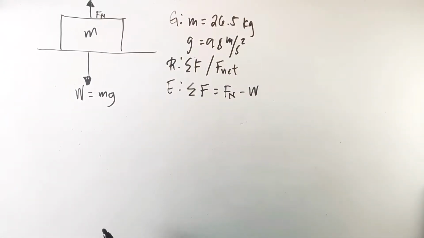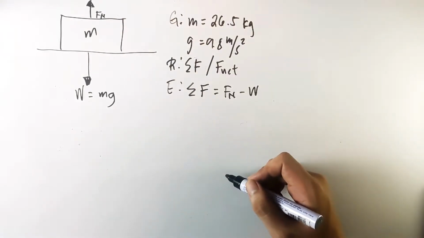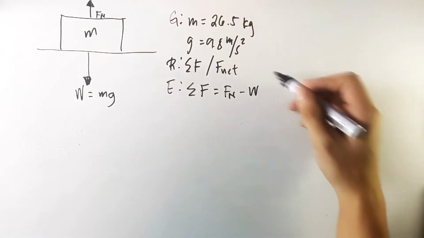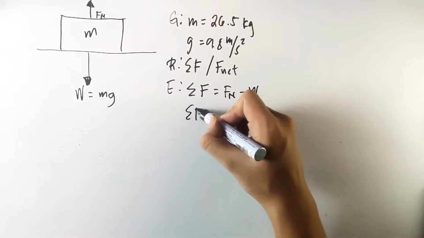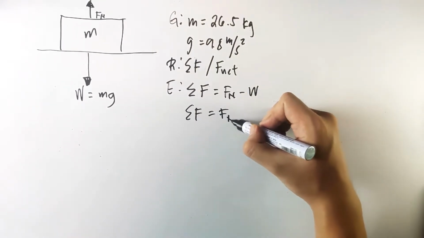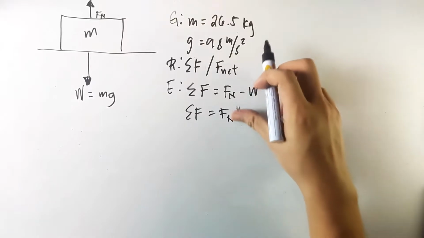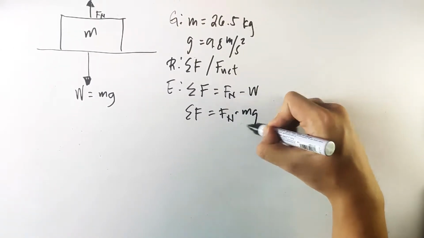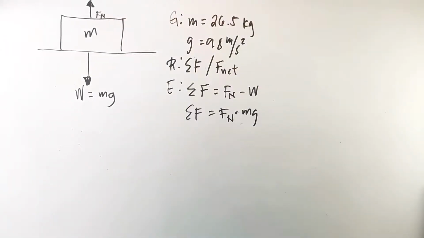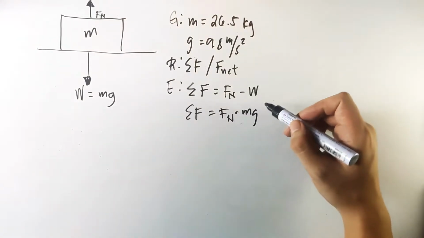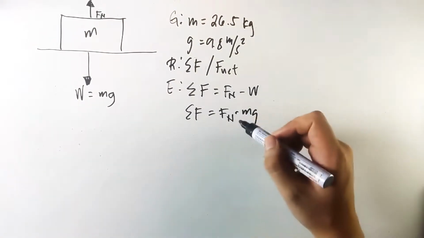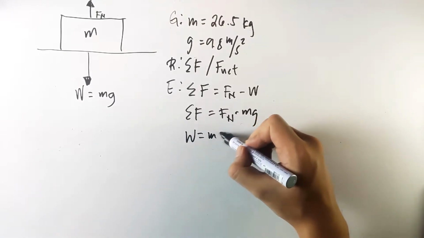What's next is replacing W with the more proper equation, F sub n minus mg. But first let's find W, so let's solve that first.